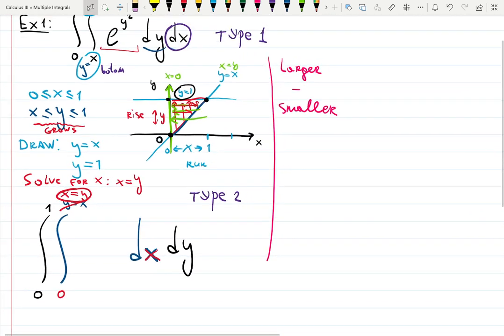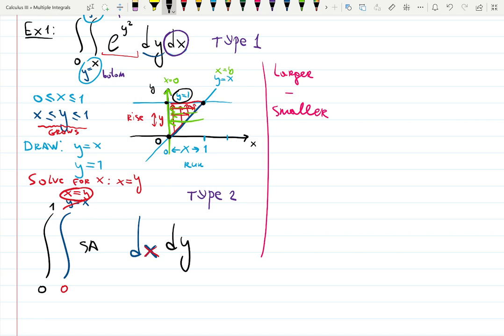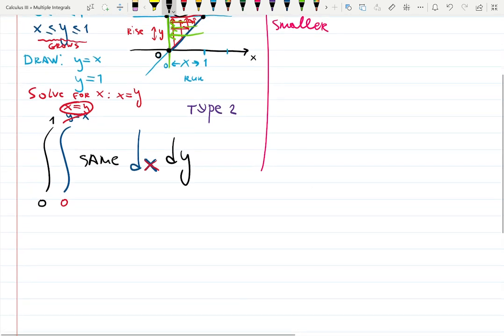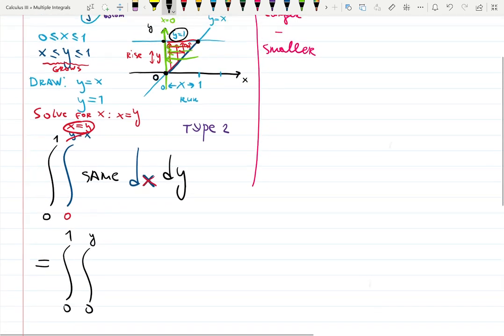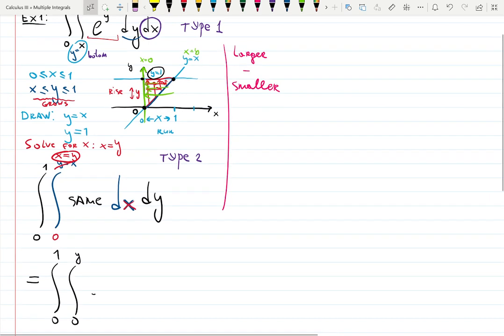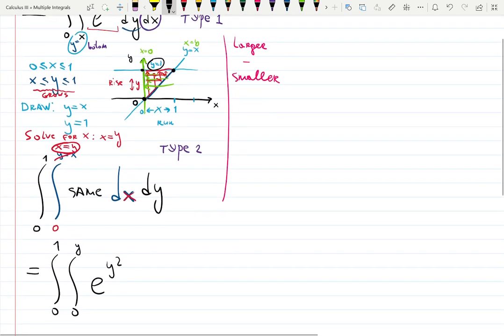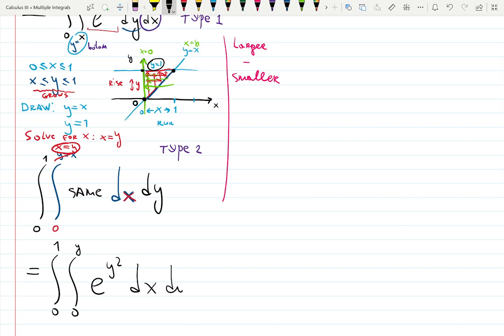The function inside stays the same, so we don't have to change that. And now we can write nicely that it is the integral from 0 to 1, integral from 0 to y, of e to the y squared, dx dy.